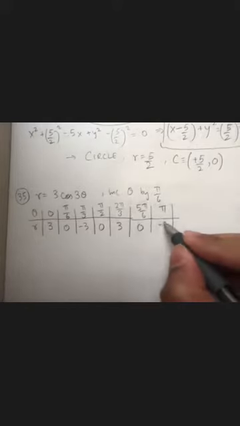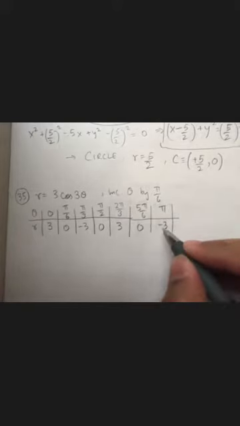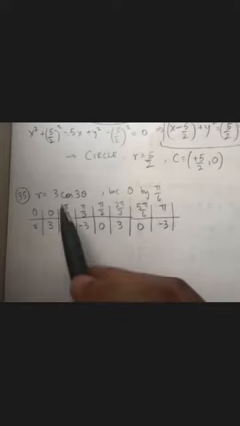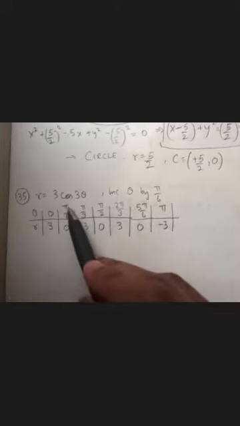Now let's sketch this. First, the graph of r as a function of theta. So r is a cos function, so the graph should look like cos.